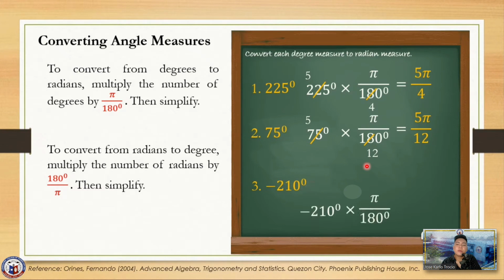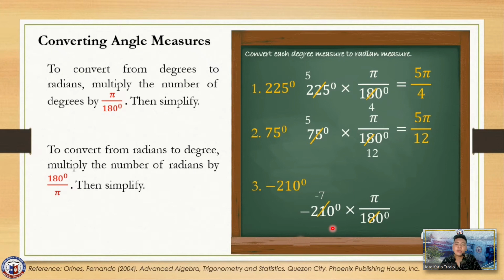Okay, just multiply pi over 180 degrees. That must be the factor of this. The GCF of this is, I guess it's 30. Let me check. 210 divided by 7.